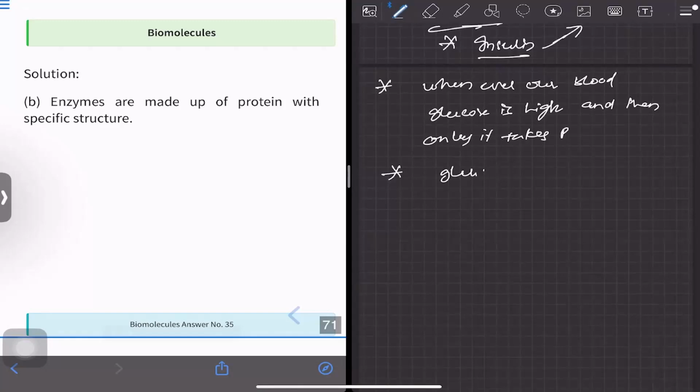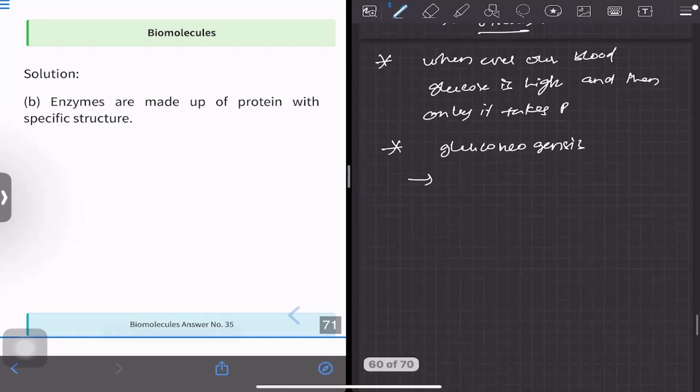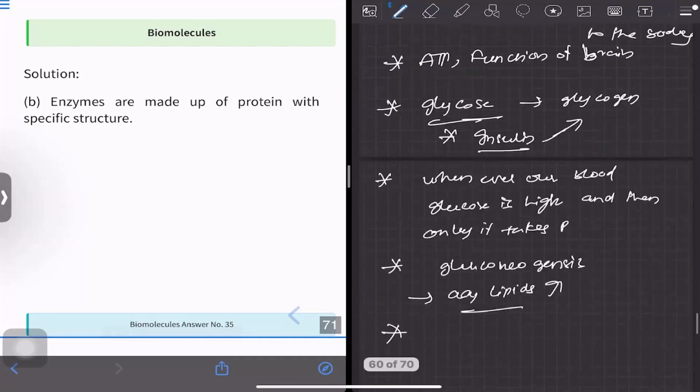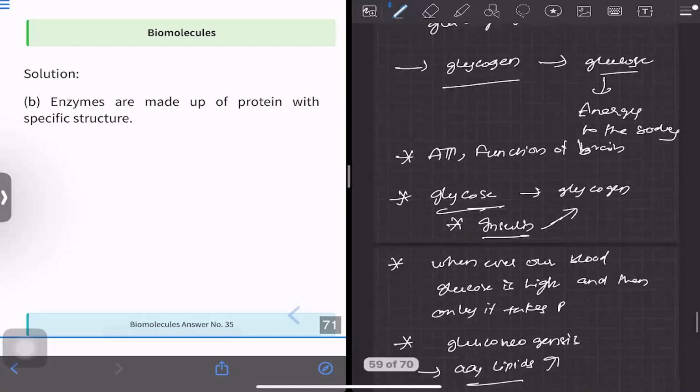What is gluconeogenesis? Whenever you are deprived of glucose, we need more glucose, but when the person is not able to get glucose through carbs, we produce glucose from amino acids and lipids. This is known as gluconeogenesis. Next, what is glycolysis?